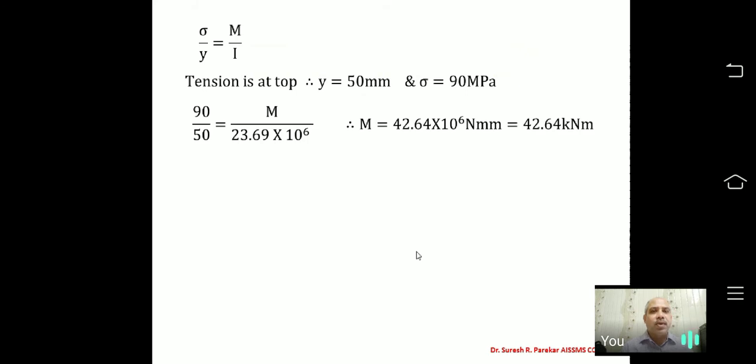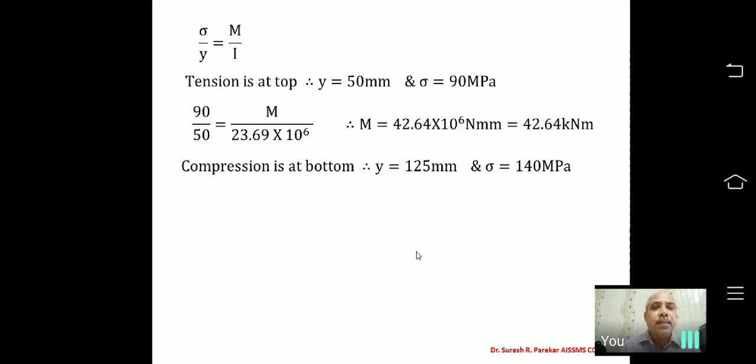Sigma by y is equal to M by I. Tension is at top. Y is 50 millimeter, because we have a cantilever, and in a cantilever we have top tension, bottom compression, and sigma is 90. Now if we put these values, sigma by y is equal to M by I, we will get value of M as 42.64. Now we will go to the second part, compression.